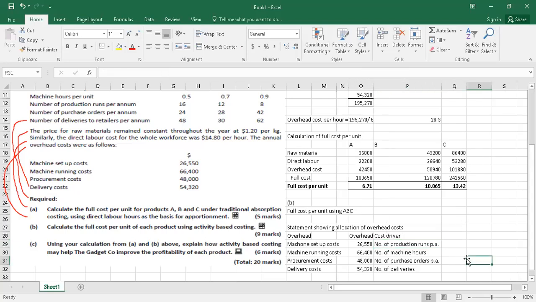So we have the overhead costs and the cost drivers, and these costs have to be allocated now to products A, B, and C. So we can straight away have it here in this statement: A, B, and C.